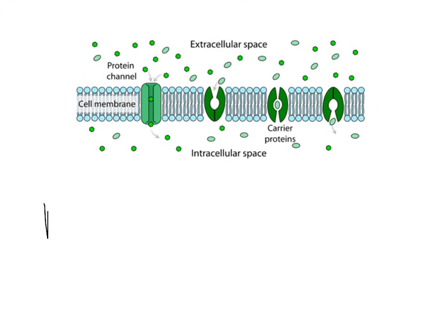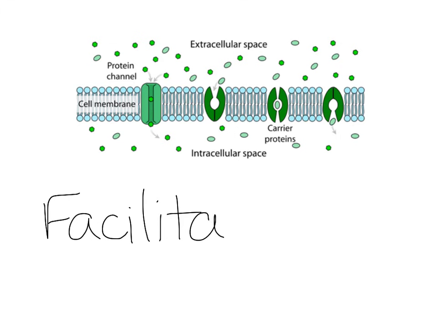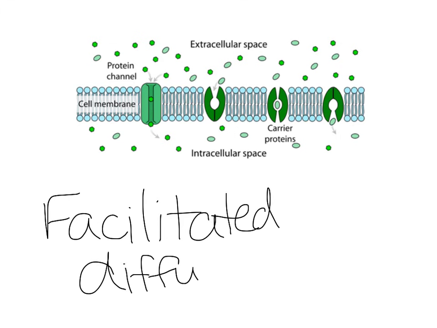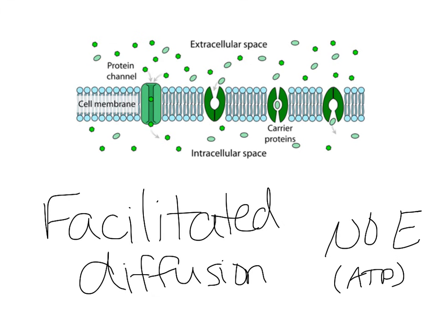And so the last thing we want to look at with diffusion and passive transport is facilitated diffusion. This is a type of diffusion, so it requires no energy, no ATP.